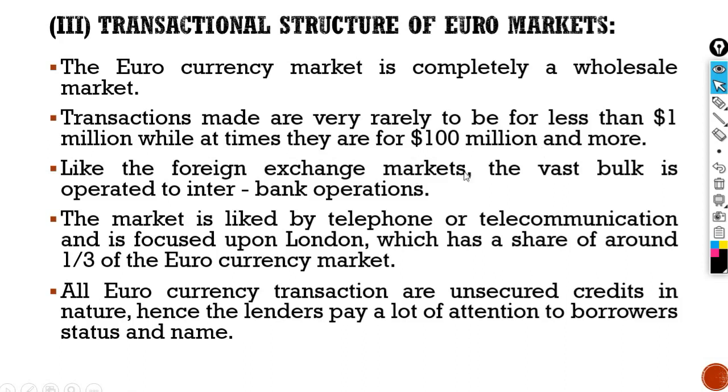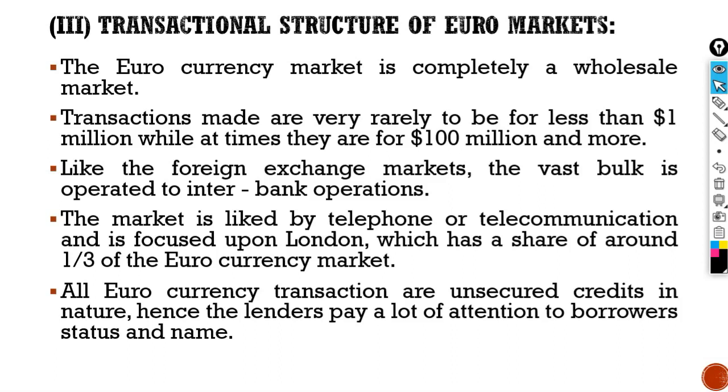Like the foreign exchange market, the vast bulk is interbank operations. The market is linked by telephone or telecommunication and is focused upon London, which has a share of around 1/3 of the euro currency market. All the euro currency transactions are unsecured credits in nature, hence the lender pays a lot of attention to the borrower's status and name.